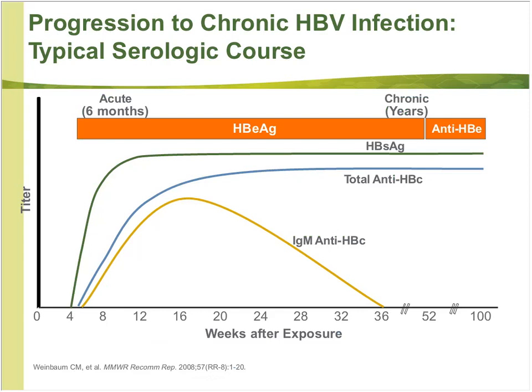Now this is a graph that almost everybody has seen during their training or during practice, talking about acute and then chronic disease. And usually early, E antigen is positive, indicating wild-type infection, and then they become E antibody positive. E antigen disappears either with viral suppression or as the virus mutates to what's called the pre-core mutant.